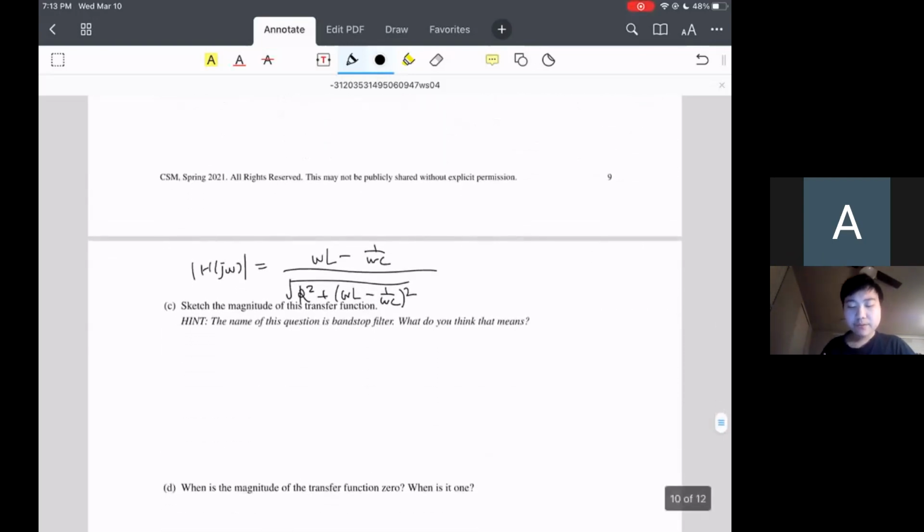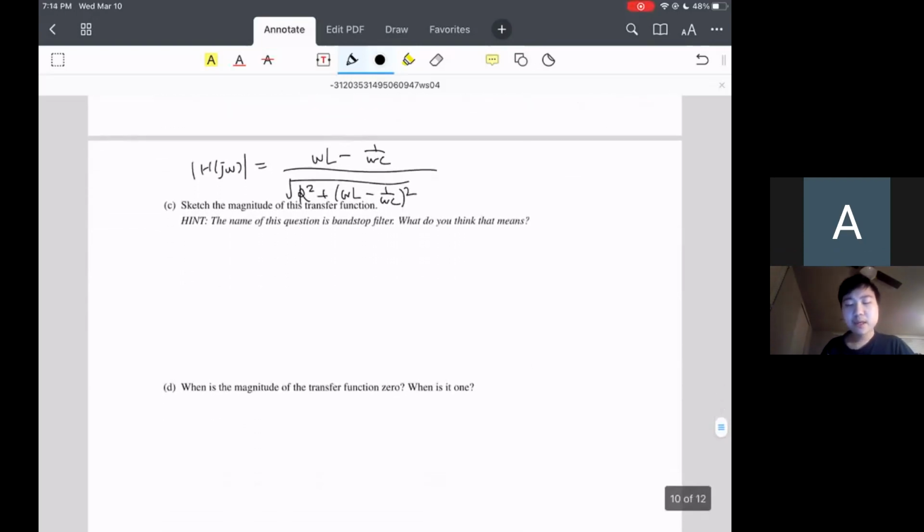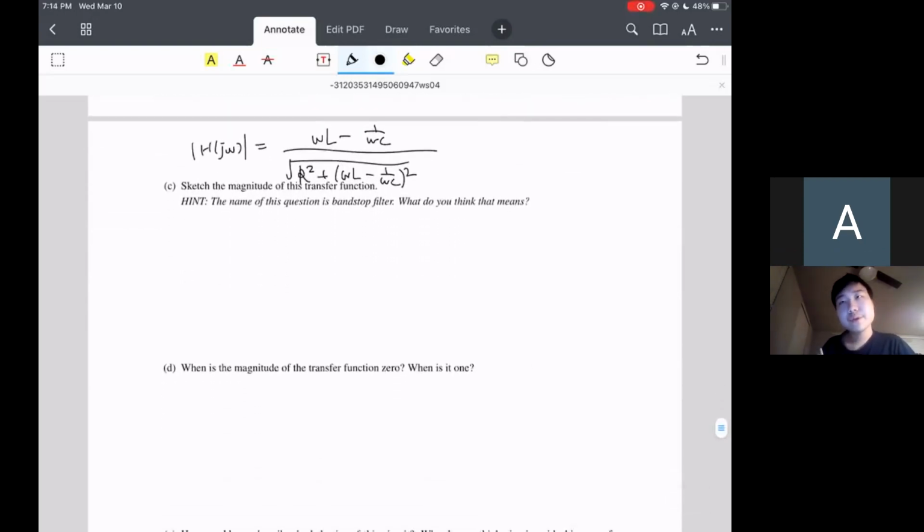If we want to sketch the magnitude plot, we're just trying to draw the diagram with the magnitude of H of j omega as the y-axis, and omega as the x-axis. We're just trying to draw out how the magnitude is going to change as omega changes, treating the magnitude of the transfer function as a function of omega.